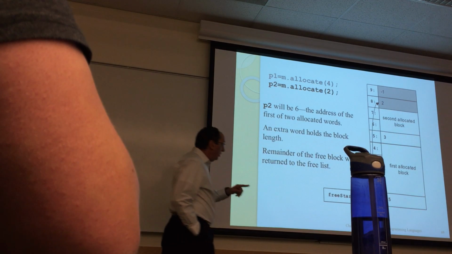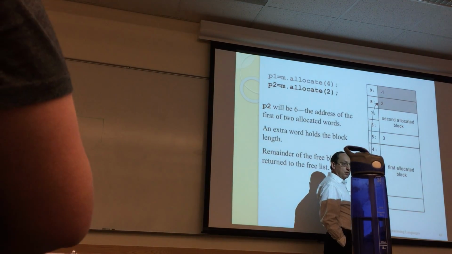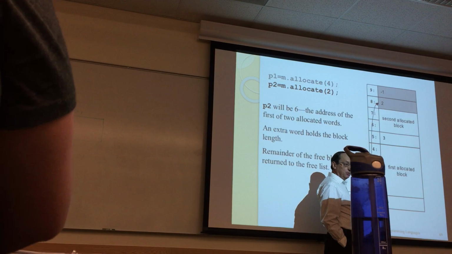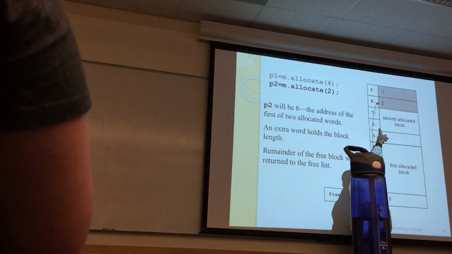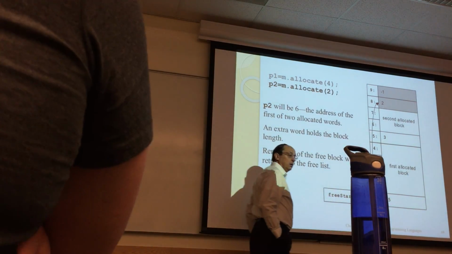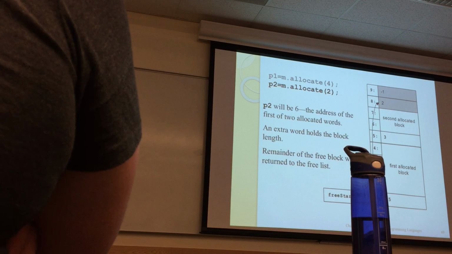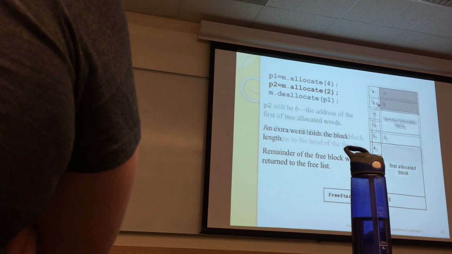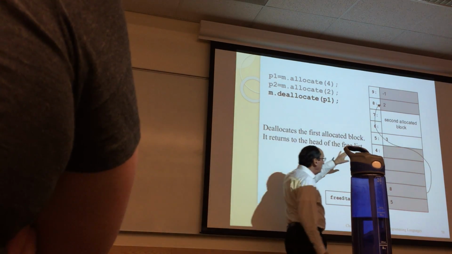Now, you've got the pointers for these. You've got a pointer to here, which is the beginning of the memory available here for that first allocation. And you've got a pointer to here, which is the beginning of that memory from the second allocation. Now let's do a delete. So let's deallocate the first one. Well, that means that I'm going to take what was this first block.